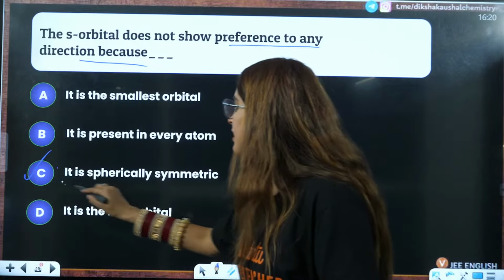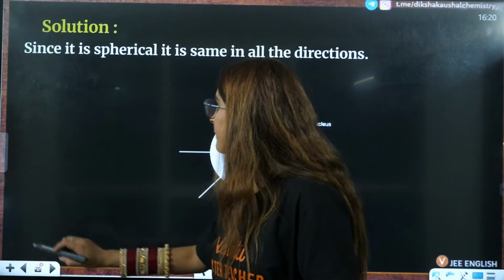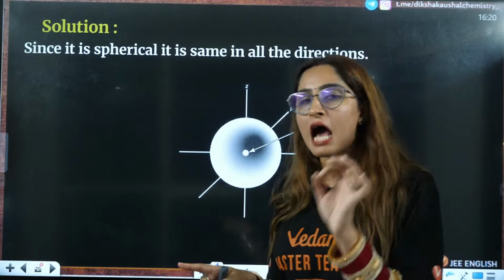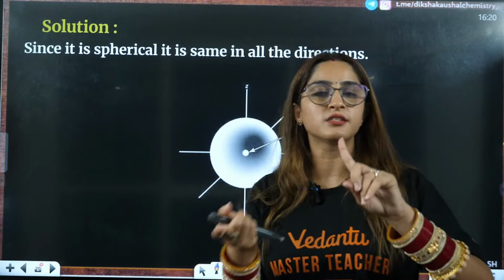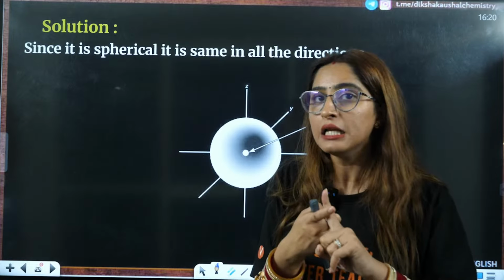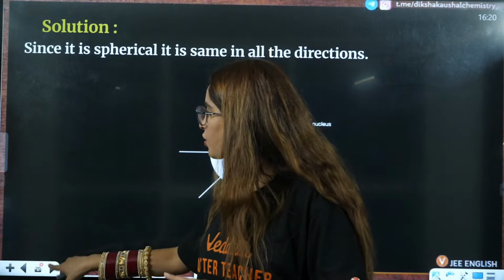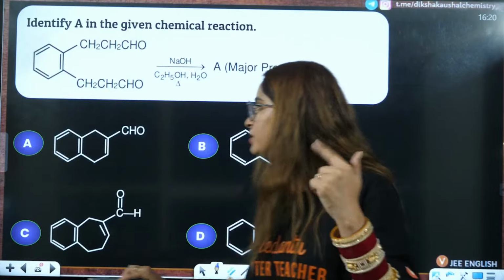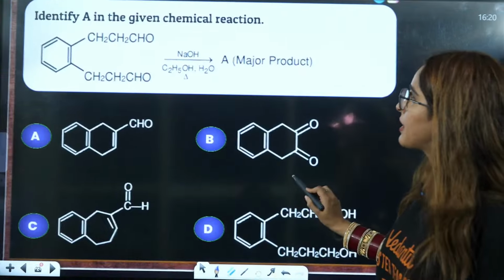The reason is that it is a spherically symmetrical orbital. Now the question they have asked is whether it is directional or symmetrical. So from that, they can ask you this question, which is a slightly changed version of the previous question.